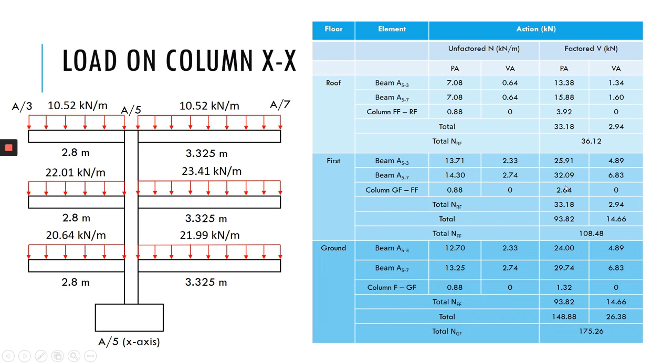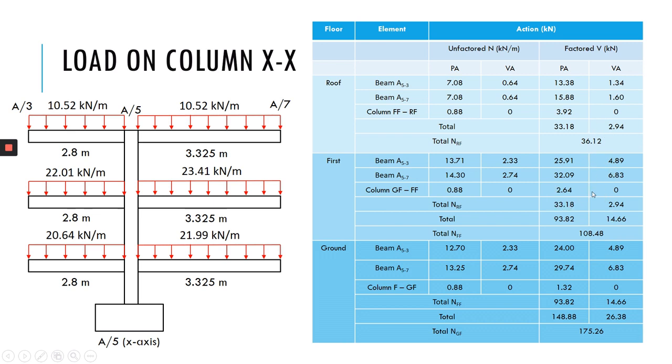And then for the ground floor, the first floor here is 2.64 because of 0.88 times 1.35 times the column height. The column height here is 3 meter, so that's why you get 2.64. And then here is the accumulative load from the roof floor, 33.18 and 2.94.